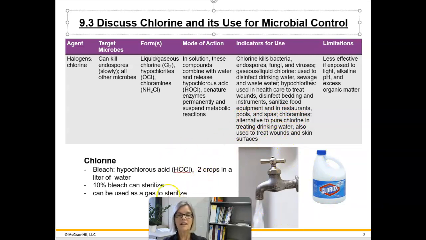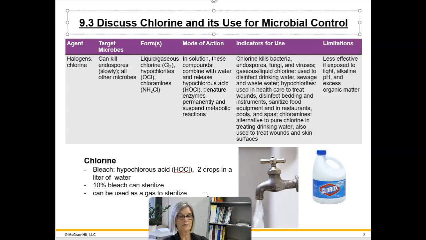It's really important. The one thing here, it says it can be used as a gas to sterilize. This would only be used in exceptional cases. I heard of the situation in 2009, I think, where anthrax was sent through the mail to a couple different buildings, and they tented buildings, meaning they kind of covered sections of the building with plastic at a time, and they pumped chlorine gas through the buildings.